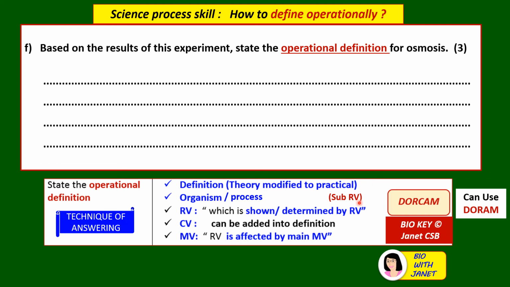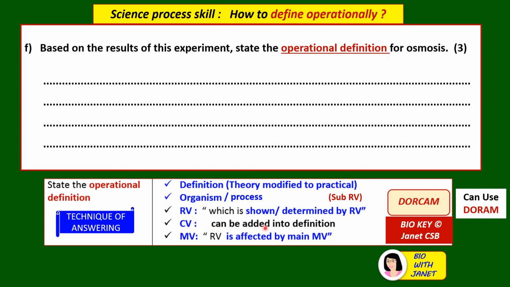So take note, for hypothesis, we use the main and final RV, which is the percentage change in mass. But for operational definition, because it's the experimental definition, you must use the sub-RV, which is the raw data that you obtain through the experiment. And this is the final mass of the potato strip. That's the sub-RV in this experiment.